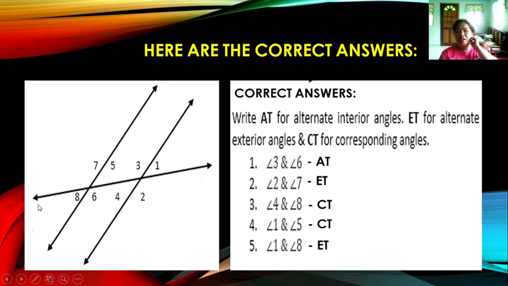If you will be looking from here to here, 8 is at the right side of the transversal, while angle 1 is located at the left side of the transversal. So, who got the correct answer? Okay, very good. I hope everybody understands the lesson better upon having these additional exercises.